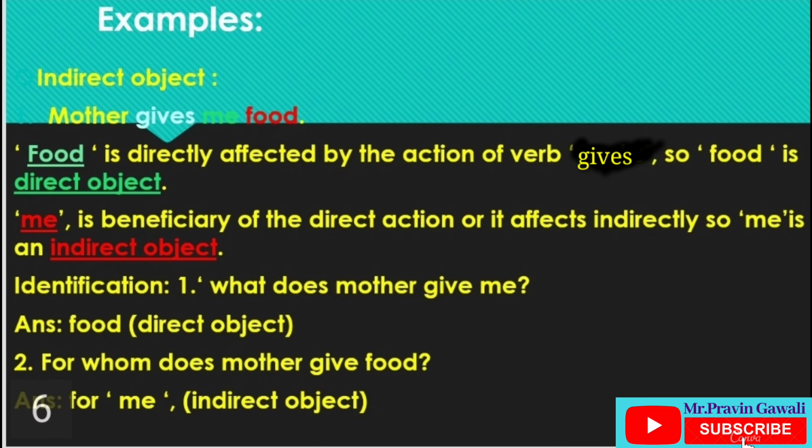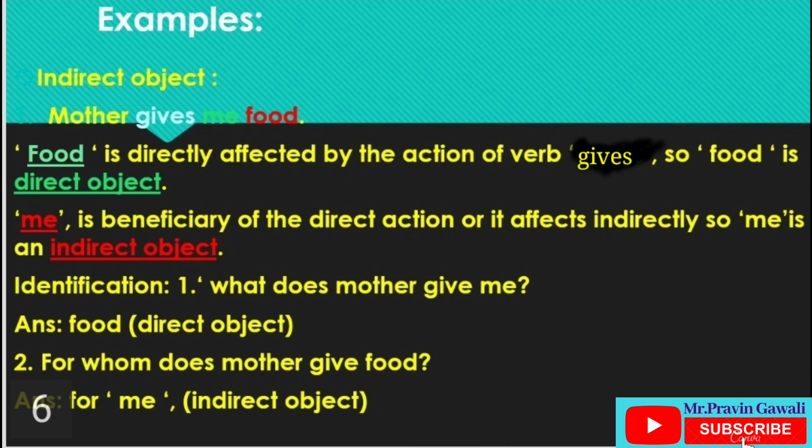Students, to check it, you can ask a question to it. For example, what does mother give me? Mother gives me food. So here this is the direct object. Now, for whom does mother give food?